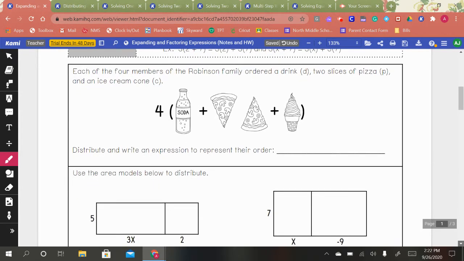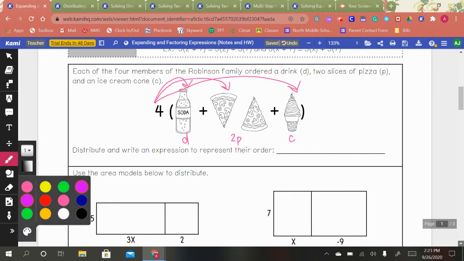All right, each of the 4 members of the Robinson family ordered a drink, D, 2 pieces of pizza, P, and 1 ice cream cone, C. Distribute and write an expression to represent their order. So we are going to distribute the 4 to the drinks, the 4 to the 2 pizza, and the 4 to the ice cream cone.